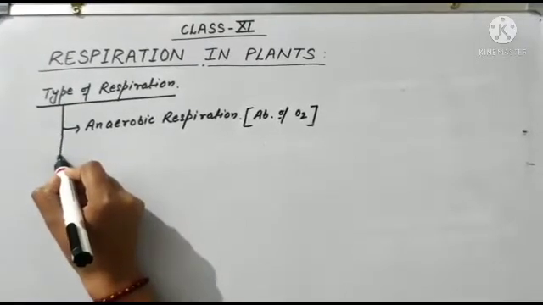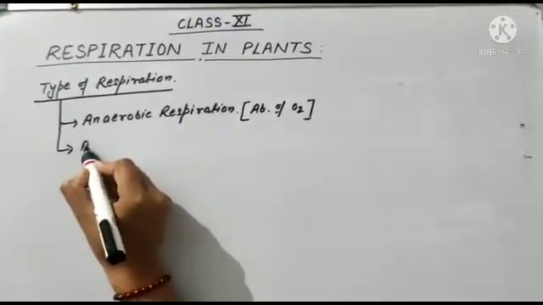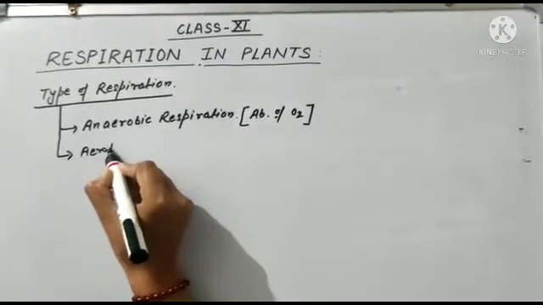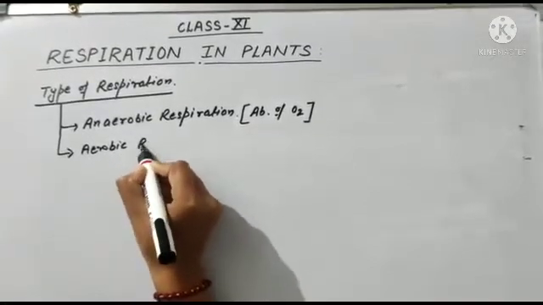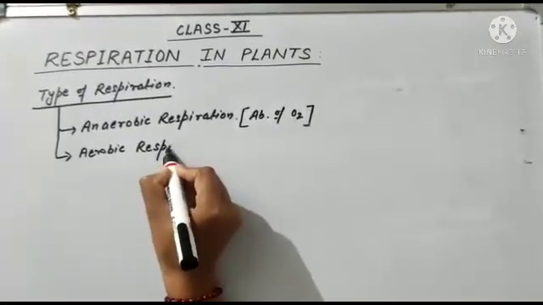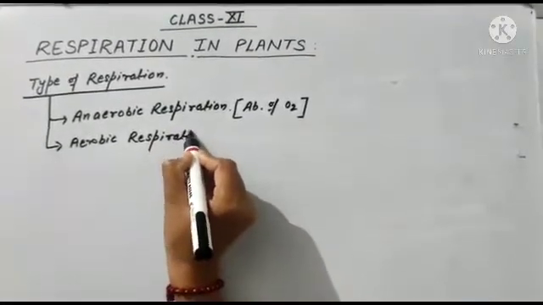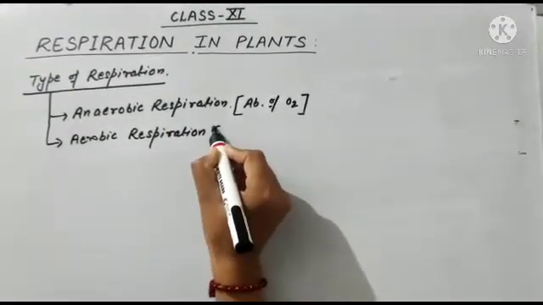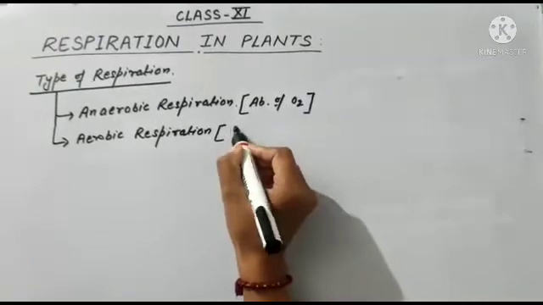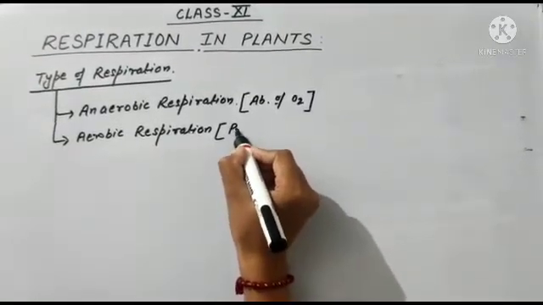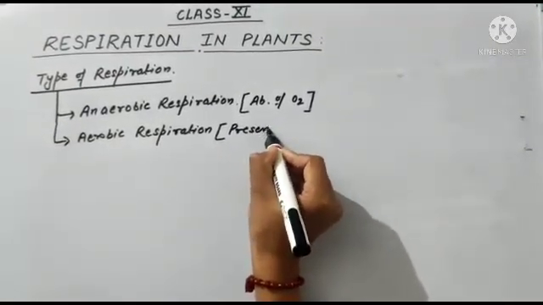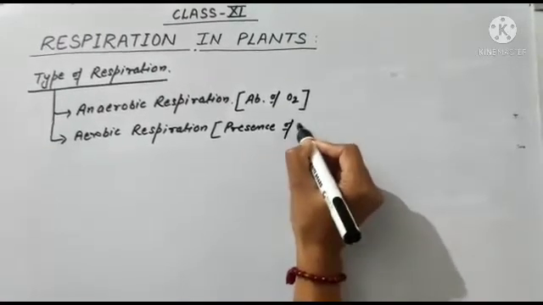Now the second process which we are going to discuss is aerobic respiration. As its name indicates, it is a type of respiration which generally takes place in the presence of oxygen.